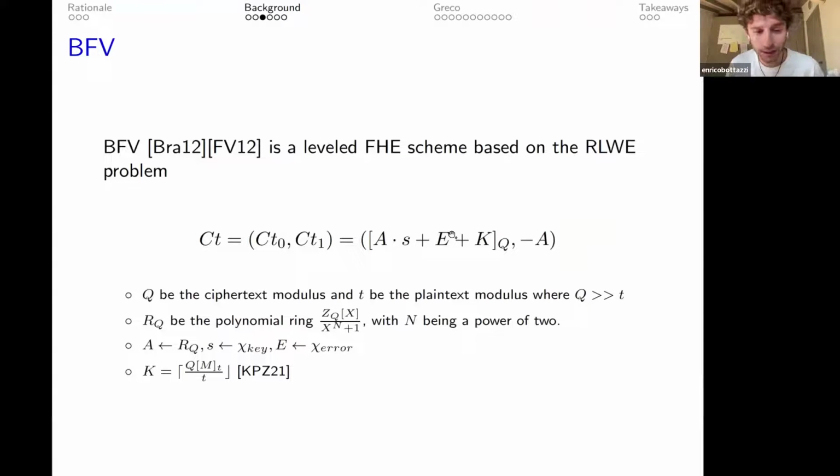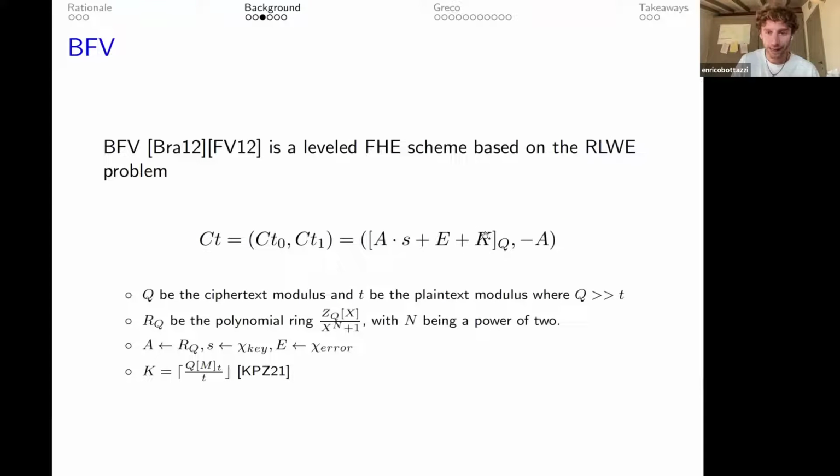A is a polynomial that is uniformly sampled from the ring. S is sampled from the key distribution, which is usually a distribution in which the coefficients are either -1, 0, or 1. And E, which is the error polynomial, is sampled from an error distribution, which is a truncated discrete Gaussian distribution.